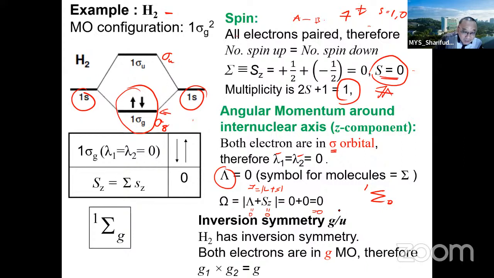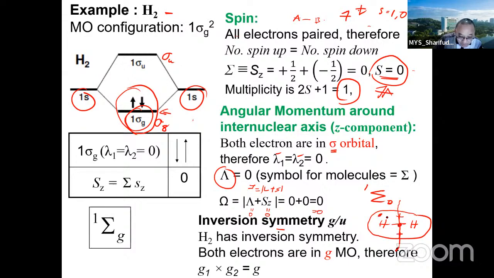For linear molecules, there is another symmetry consideration, which is the symmetry based on inversion. For the hydrogen molecule, you have two hydrogen atoms like that. The sigma G molecular orbital, if you look at the shape, is basically like this, with the same charge all over the place. So there is actually a point of inversion there.